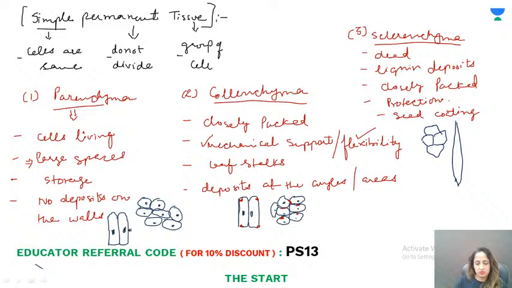So now is the thing that you have to see closely. They have these deposits all over the place, guys. They have this lignin deposit all over the place. This red thing is that lignin deposit, and because of this deposition, they are really dead cells, and they are really hard and protective in nature.